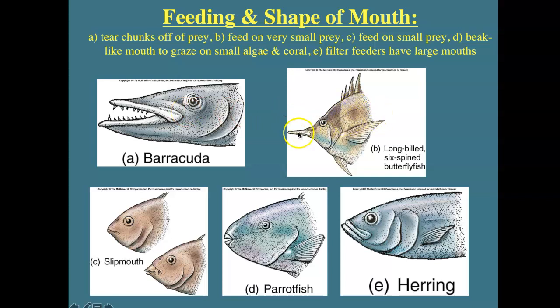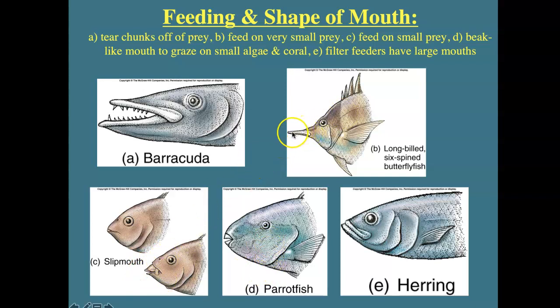And then here in your butterfly fish, you're going to have these really elongated snouts that are meant for feeding on very small prey, individual coral polyps on your coral. And then here you can also have a slip mouth that's also adapted for feeding on really small prey as well.